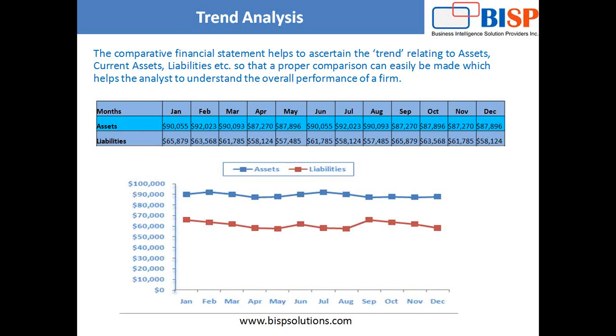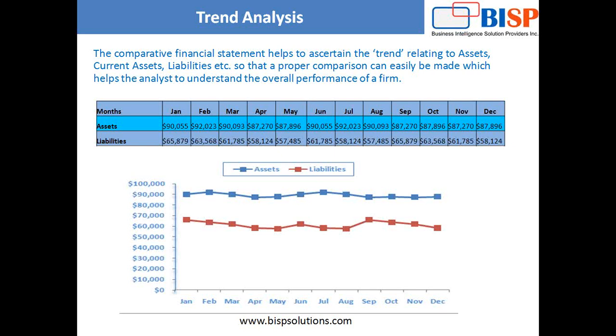It shows a direction in which one can identify the change percent, how it's changing over time. So trend analysis helps to identify the change or development over a period. The comparative financial statements help to ascertain the trend.